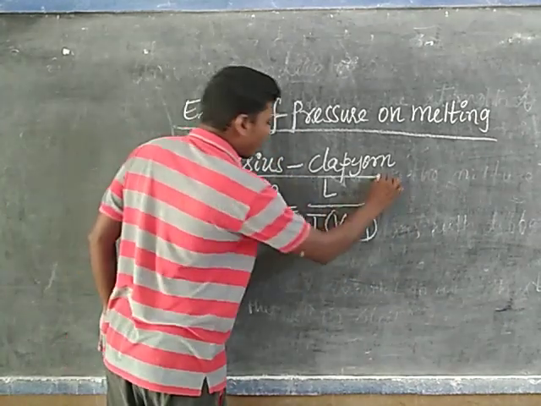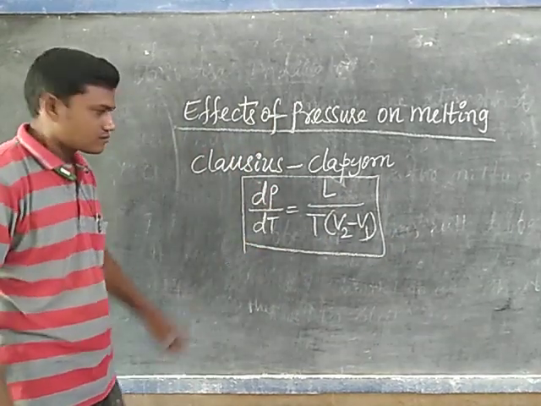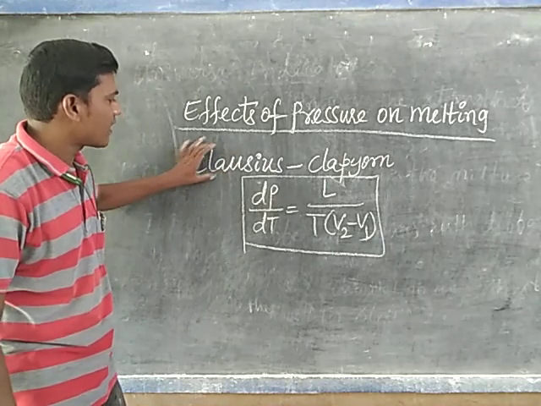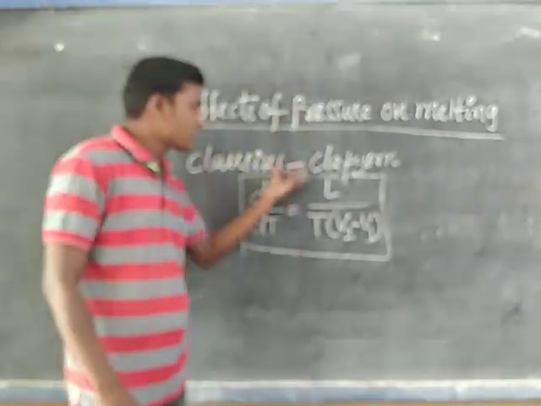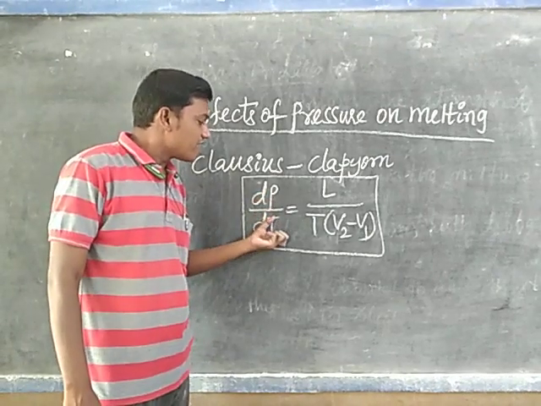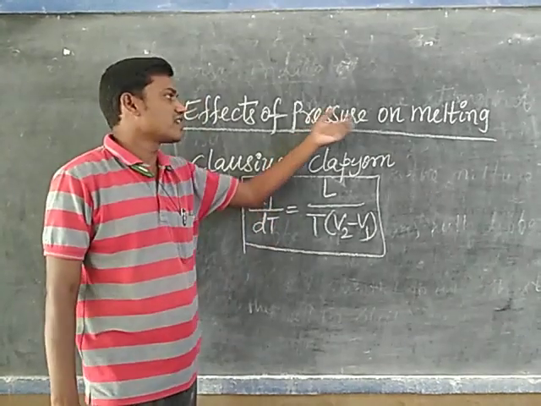This formula was formed by Clausius and Clapeyron, the scientists who worked together. They give a relation between the pressure and the melting.